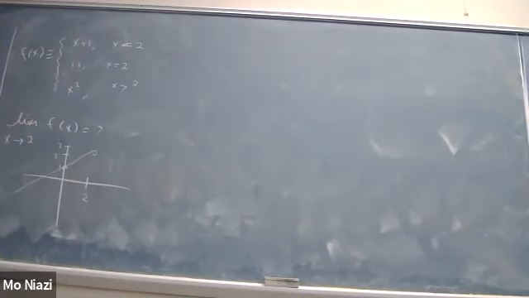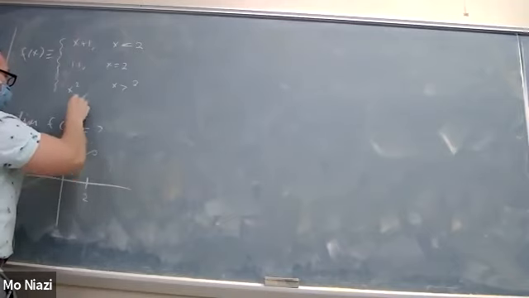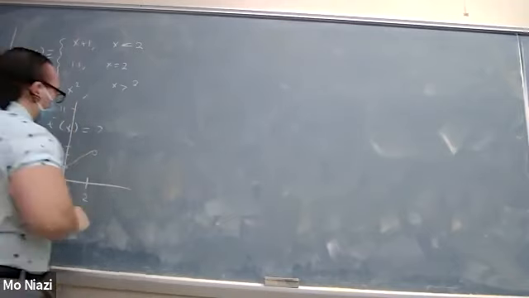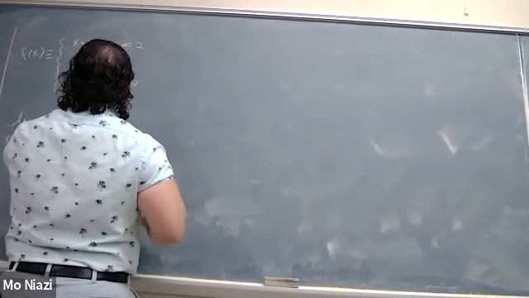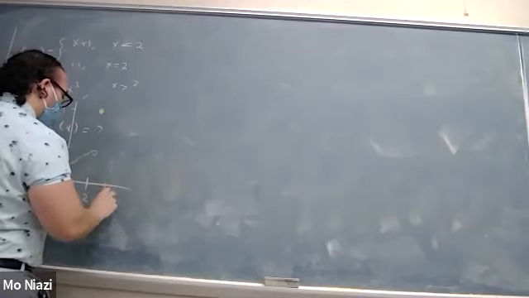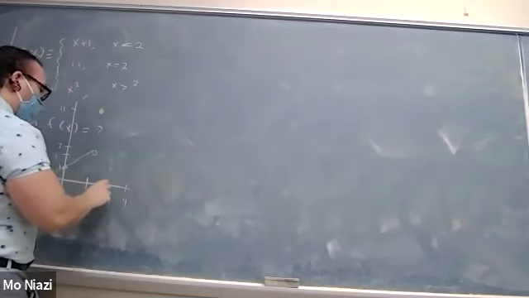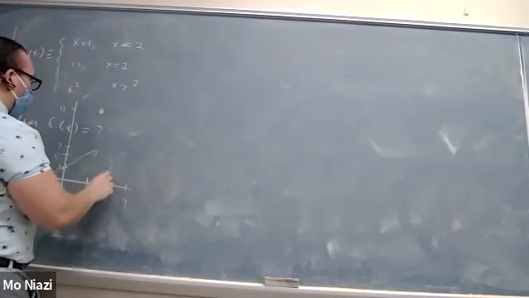At 2, it becomes the value 11. So at 2, it turns into 11. So we get a dot up here at height 11. And at values beyond 2, it becomes a parabola. So for 3 and for 4, it assumes the value 3 squared, which is 9.